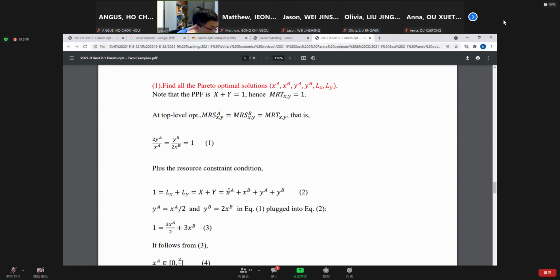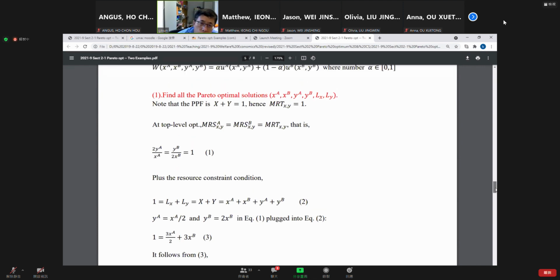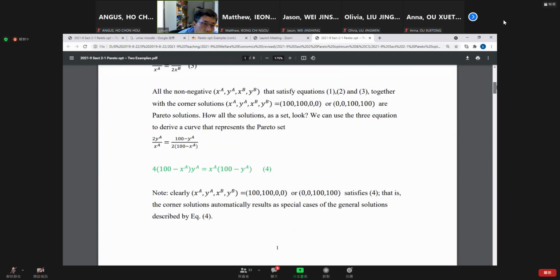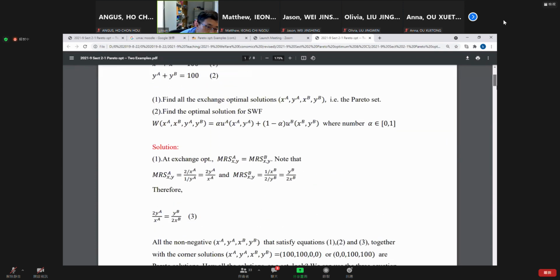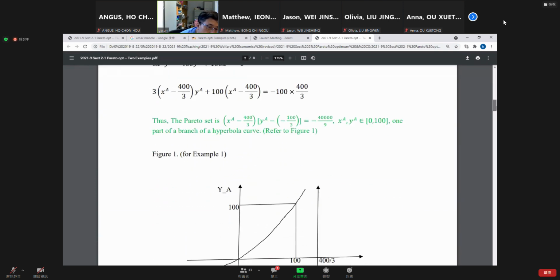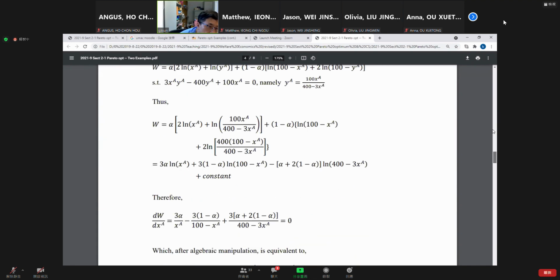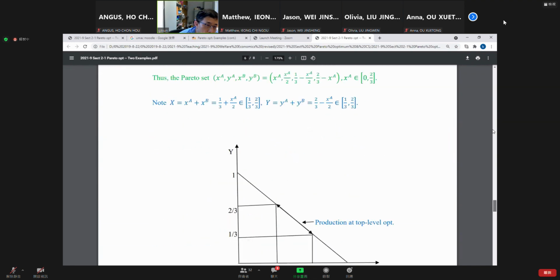The solution is only 1. But now, if we have more variables than equations, the solution would be a kind of a curve, pretty much like what we have done earlier. For the exchange economy, we found the solution is not one point, it's rather a set, this curve. And here, quite similarly, the solution is a set. Let me turn back.